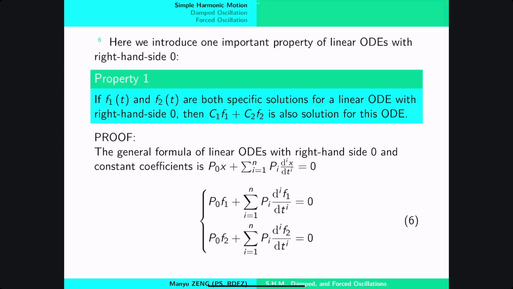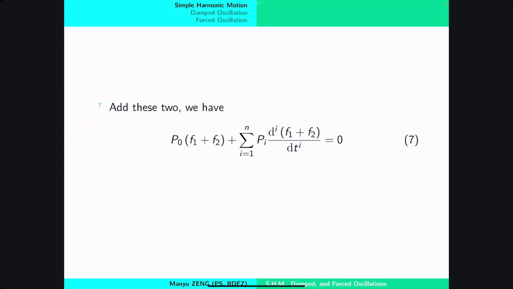So according to the given, f1 and f2 are both specific solutions, so x can be f1 or x can be f2. If x equals f1, the right-hand side is still 0, and if x equals f2, the right-hand side is still 0, and we get equation 6. These two equations both hold because f1 and f2 are solutions, and we add these two in equation 6, and we have this.